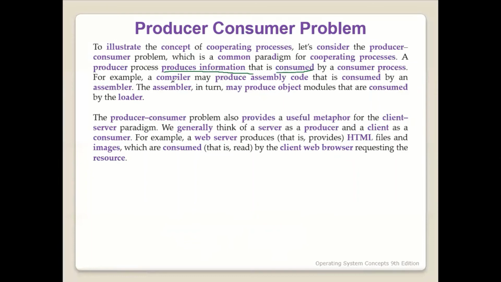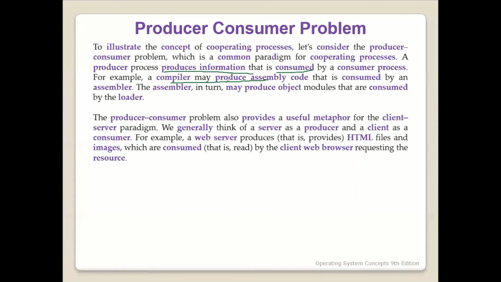So for example, a compiler may produce assembly code. You remember the compiler? Compiler will translate your source program into object program. So let's assume the two-way compilation. You have compiler, you have assembler. In Java, we have two-way compilation.